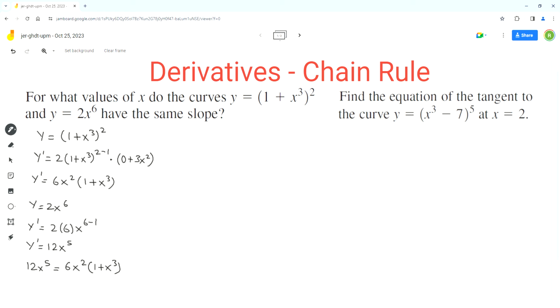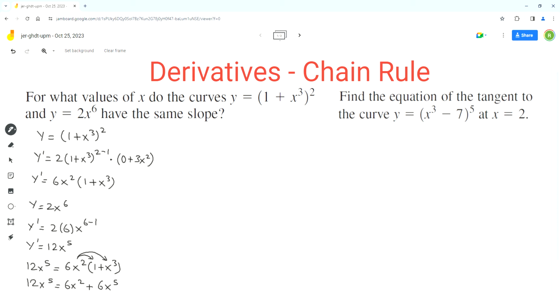Now the next step is to simplify this equation. So we can distribute 6x squared in the parentheses. So we get 12x^5 equals 6x squared plus 6x to the power 5.